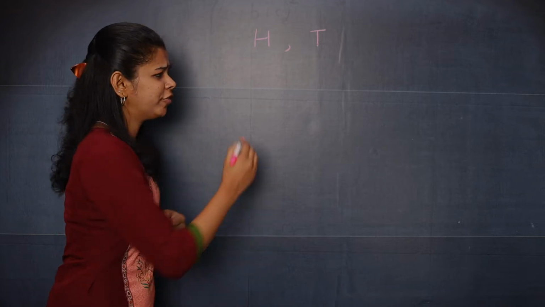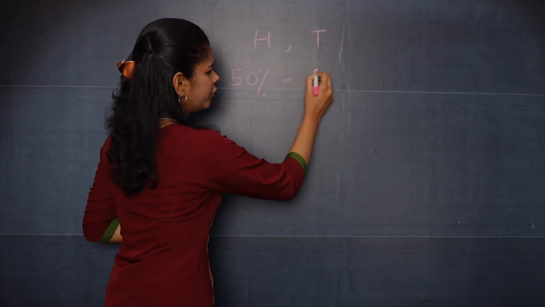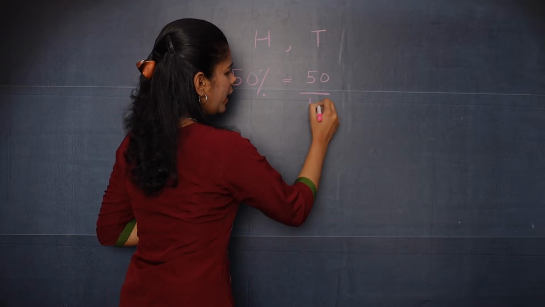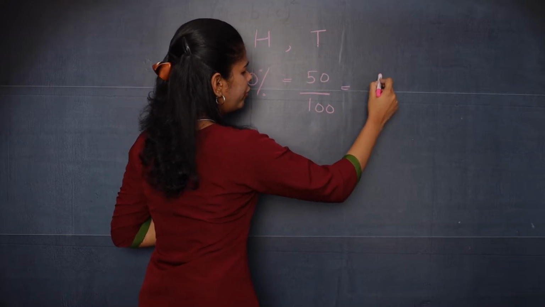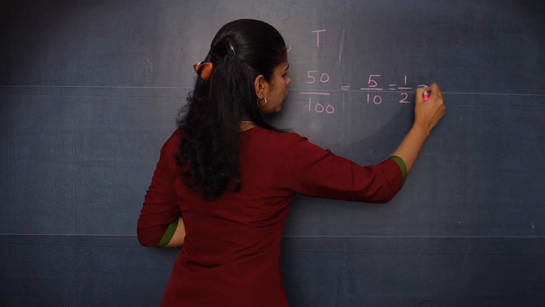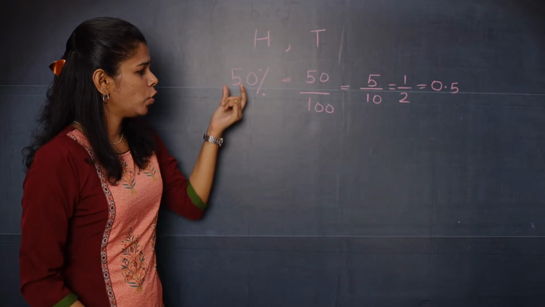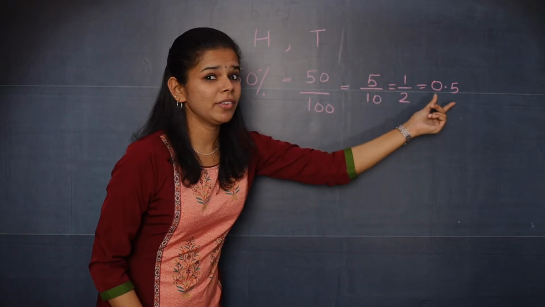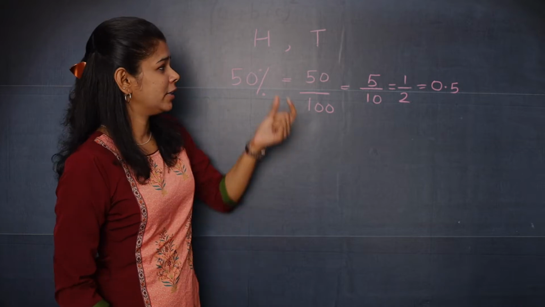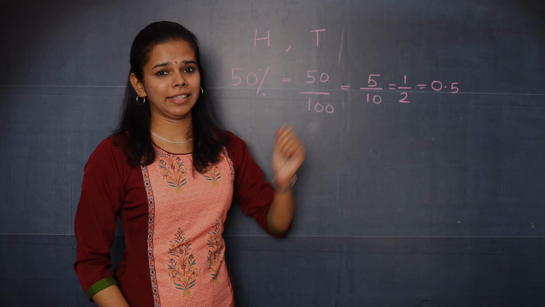So, what is this 50%? 50% is equal to 50 by 100, and that is equal to 5 by 10, equal to 1 by 2, equal to 0.5. So 0.5 is the measure of the probability of getting a head or a tail.